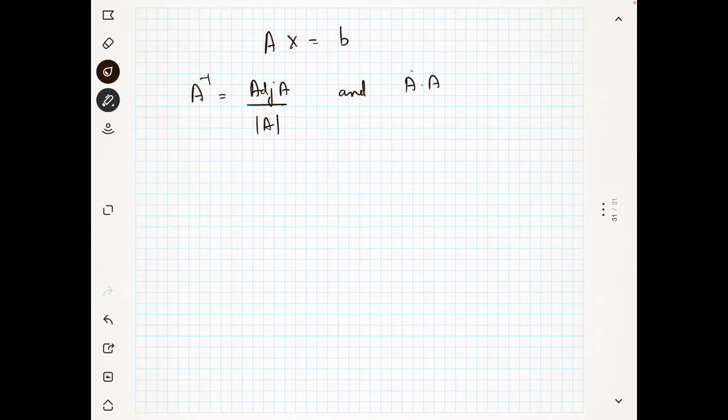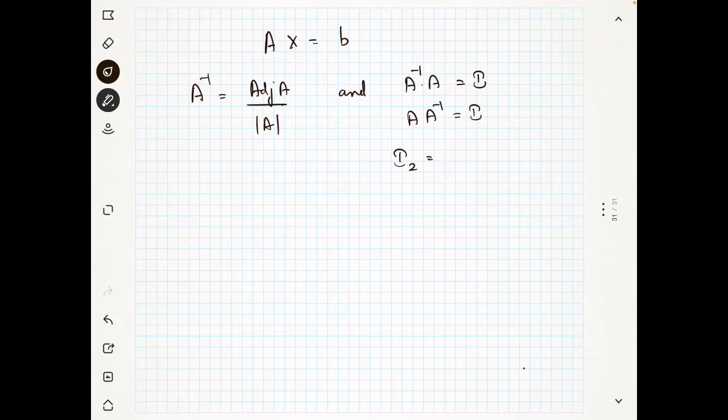Now we have A x equal to B, and you know how to find the inverse of a matrix. The inverse of a matrix is nothing but the adjoint of the matrix divided by the determinant of the matrix. Also you know that if you multiply any matrix with A inverse, you will get I, and with post multiplication, A inverse also gives you I. And what is I?